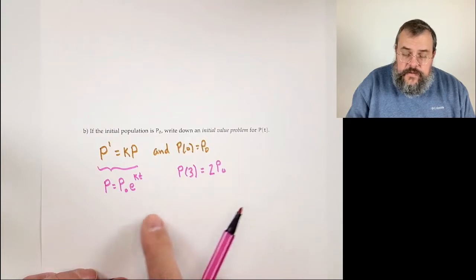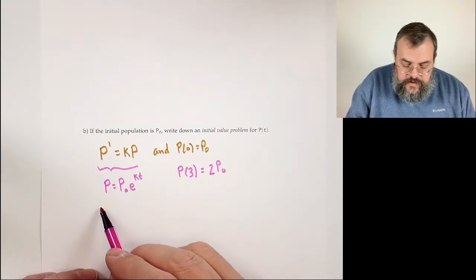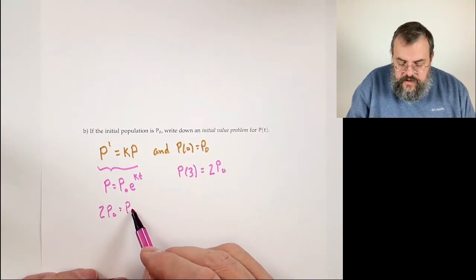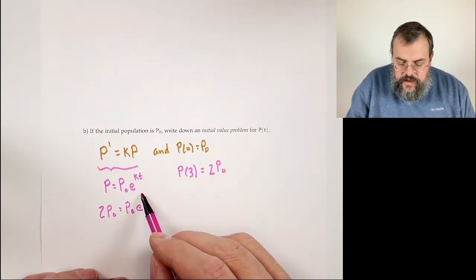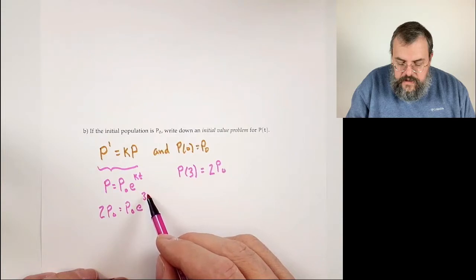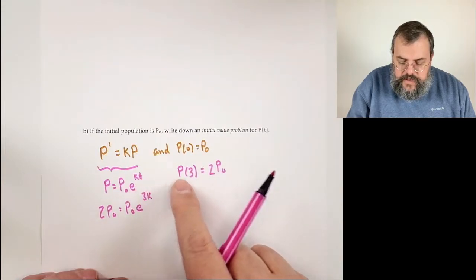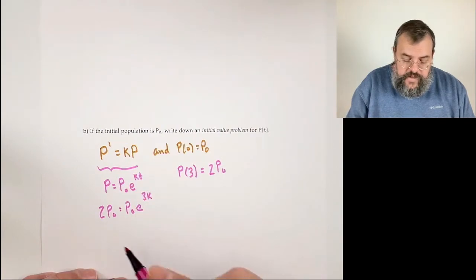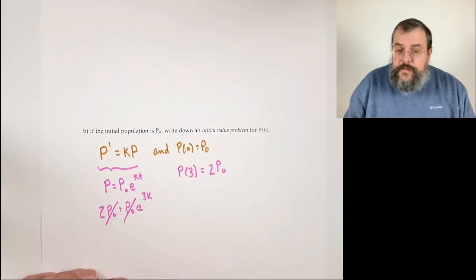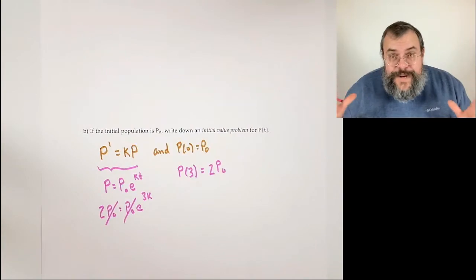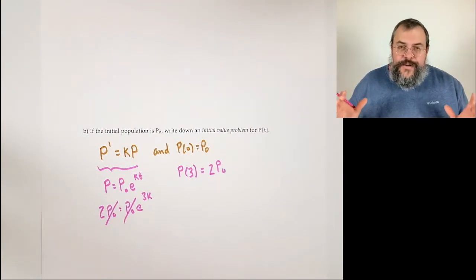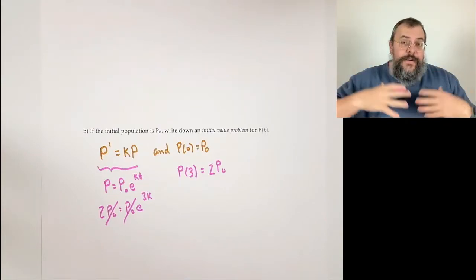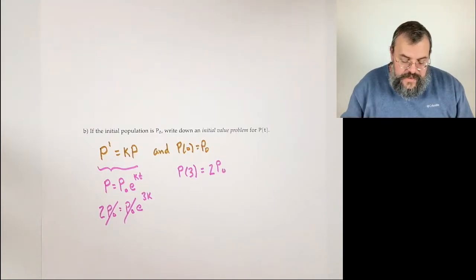So we can plug this information in, and we can say 2P0 is equal to P0 e to the 3 times K, right? Because we're plugging in t equals 3. So K times 3, 3K. Notice it doesn't matter what the initial population is. Not a surprise. That's the nice thing about exponential growth. It doesn't really matter the initial population in terms of things like how long does it take to double.